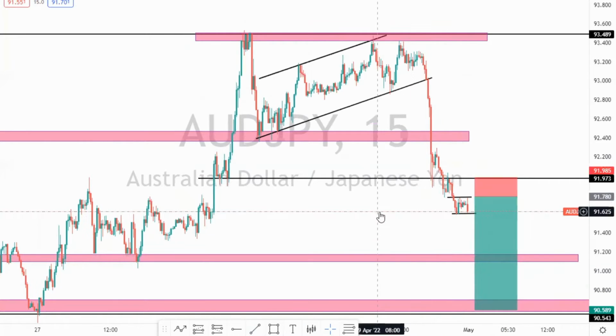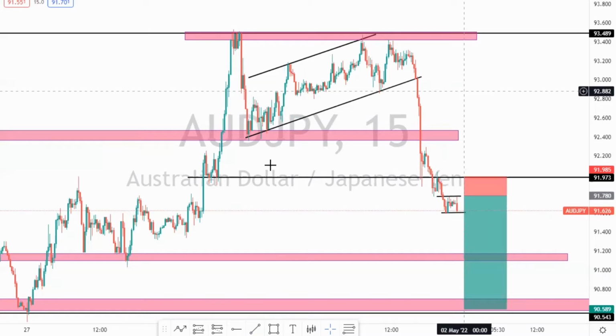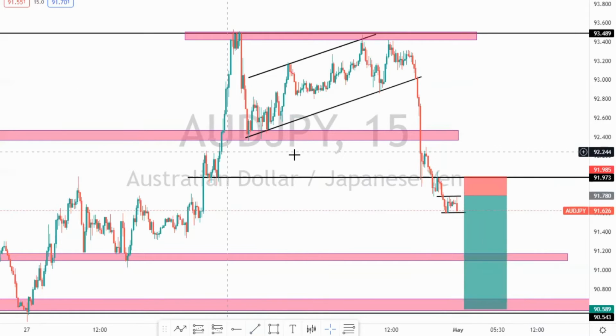So with that being said, you could patiently wait. Hear me out, guys. You could patiently wait for this correction to mature and execute to the downside. But for AUDJPY, I'll be looking for more selling opportunities to the downside. Because notice one thing, AUDJPY, these pairs, they actually move during the Tokyo sessions, right?